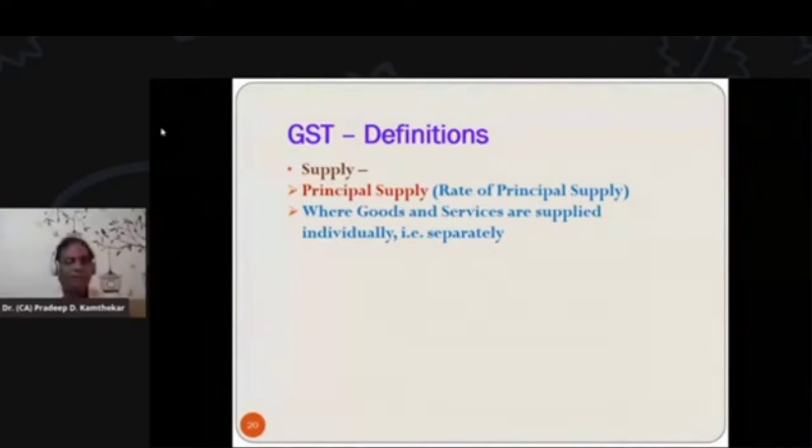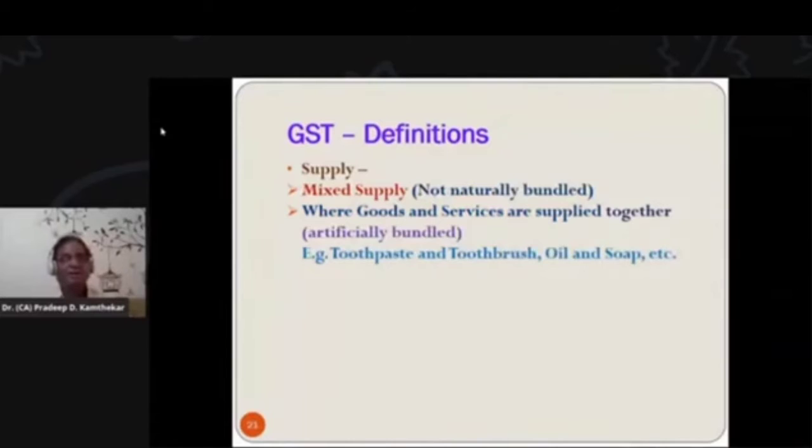When you are given particular goods or services in isolation, separately, individually, not in combination with any other goods or services, that is called principal supply of goods and services. And for all these supplies, different rates of GST are applicable, and that is given in the schedule.